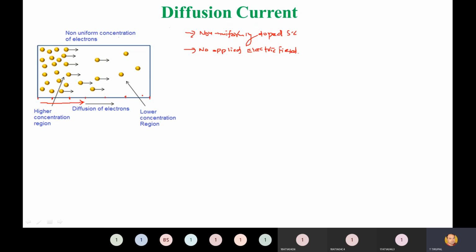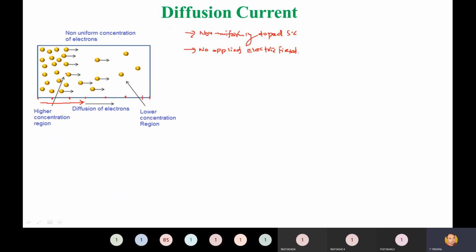Here there is no doping concentration in this gap, whereas in this gap there is only one charge, and here only two charge carriers are doped. So this is what is called a non-uniformly doped semiconductor, or non-uniform doping.